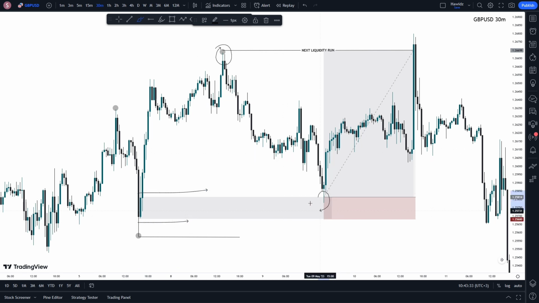Price comes in, taps into our area, gives us this very nice sniper entry, and then we target the high in terms of structure. Because if price had put in a lower high, then a higher high needed to be put into place, which is this high, of course.